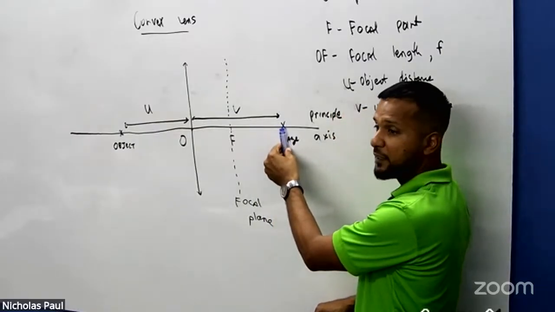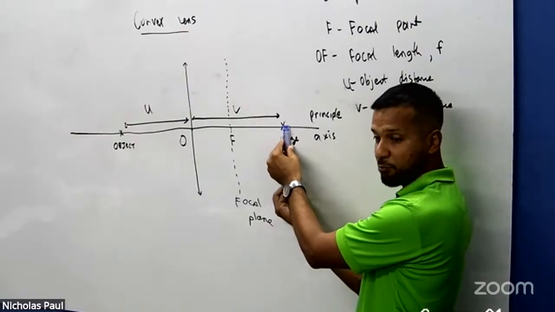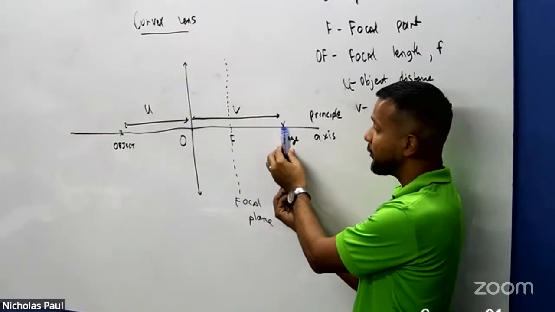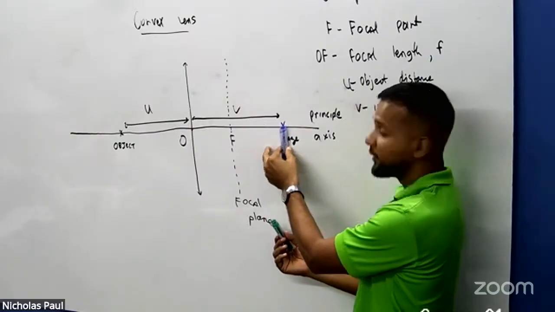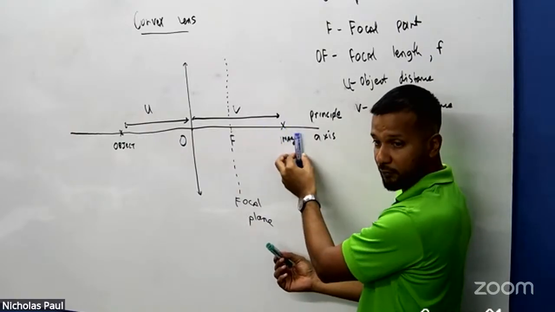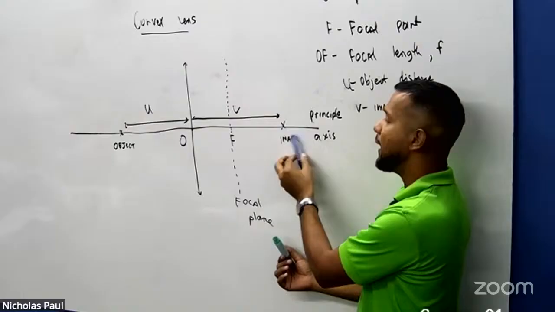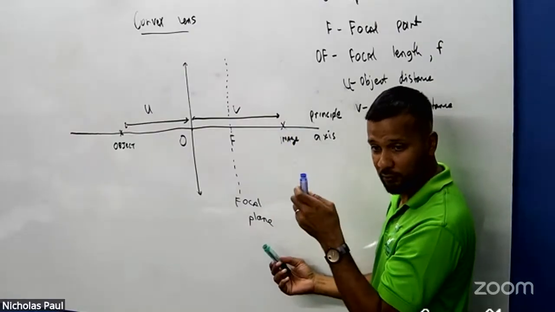The image is going to be upside down. Sometimes you will see the image twice as big, sometimes much smaller, sometimes the same size. Also, you will see the image being formed at different points. And then we'll observe if the image formed is virtual or real. That's all right?